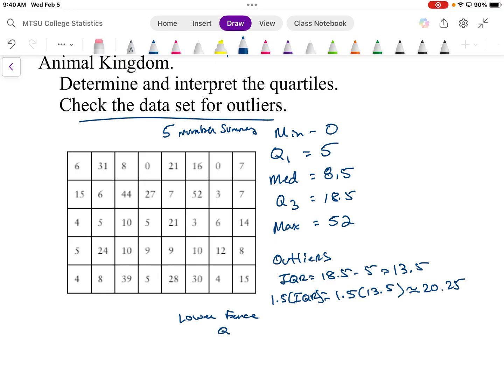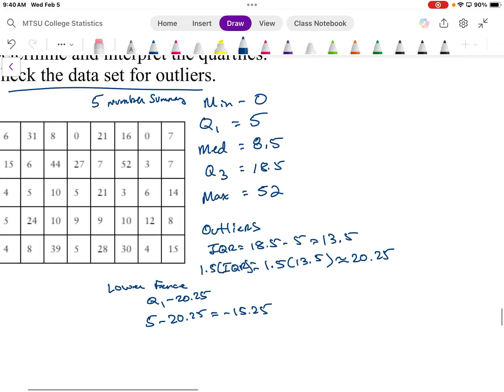And now for the lower fence, we have to do Q1 minus 20.25. So 5 minus 20.25 would be negative 15.25.